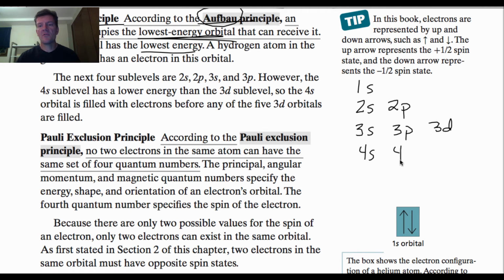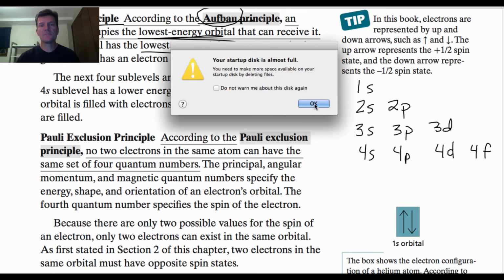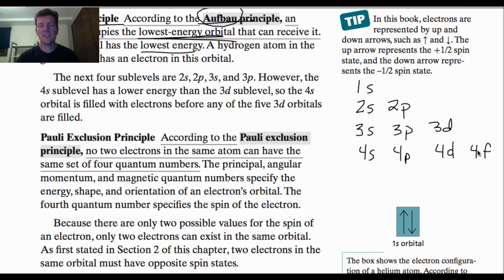4s, 4p, 4d, 4f. See how I'm just adding another lettered orbital in each of the energy levels here, another orbital there.